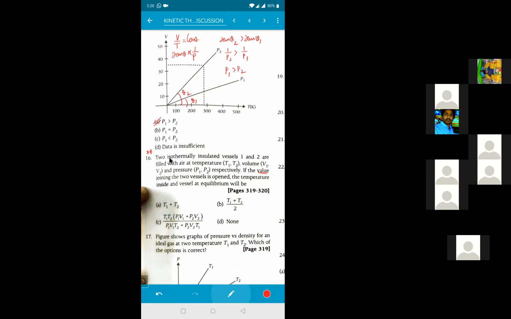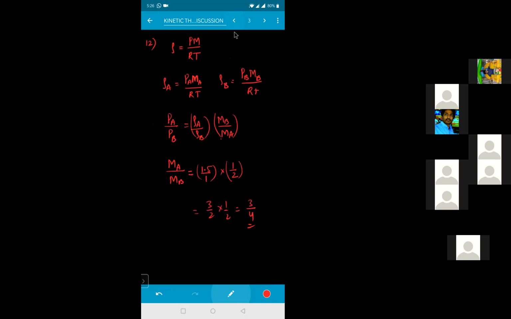So let me do the question once again. Two isothermally insulated vessels, 1 and 2, have been filled with air at temperatures T1 and T2, volumes V1 and V2, and pressures P1 and P2 respectively. The valve joining the two vessels has been opened. The temperature inside the vessel at equilibrium is asked, that means the common temperature. So let me draw the diagram.